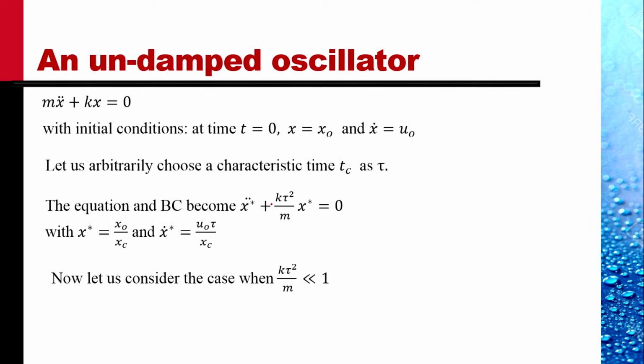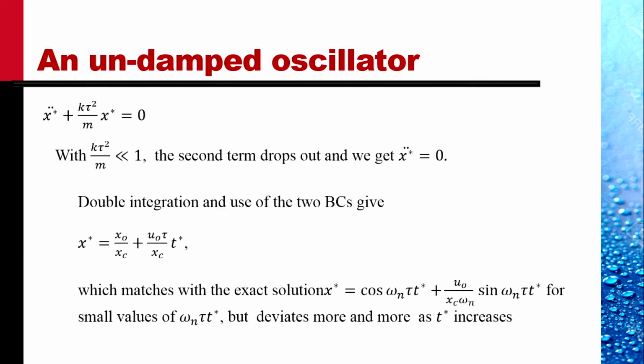The equation and the boundary conditions become x star double dot plus k tau square divided by m, x star, is equal to 0, with x star equal to x naught by xc that we defined earlier, and x dot star equal to u naught tau by xc. Now let us consider the case when k tau square by m is much less than 1. If this is less than 1, this term drops out and we get x star double dot is equal to 0.